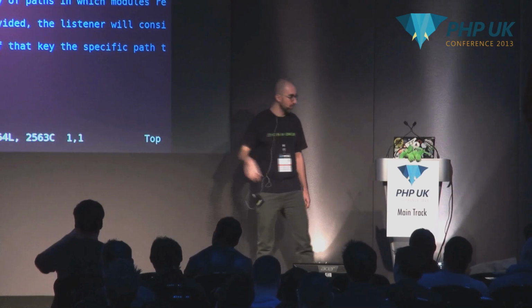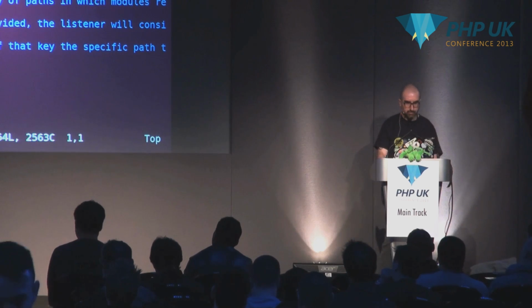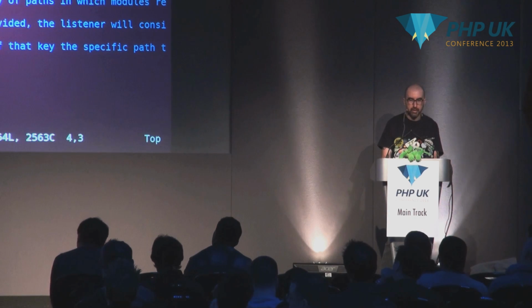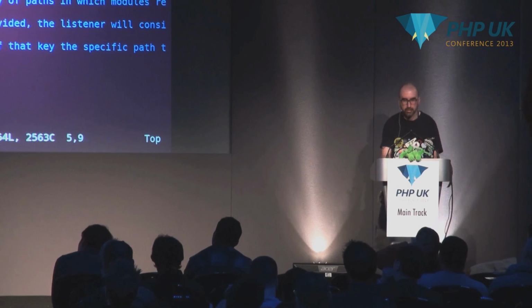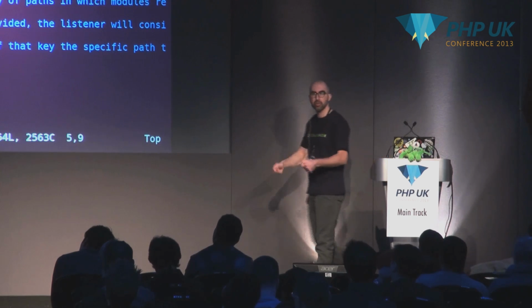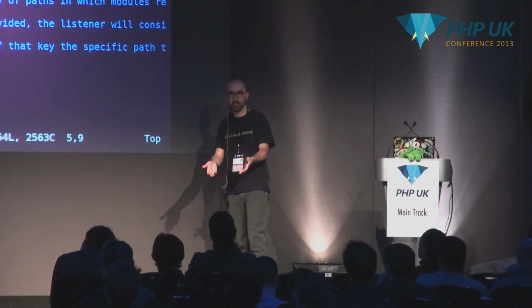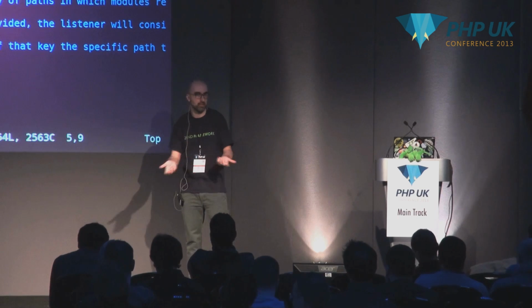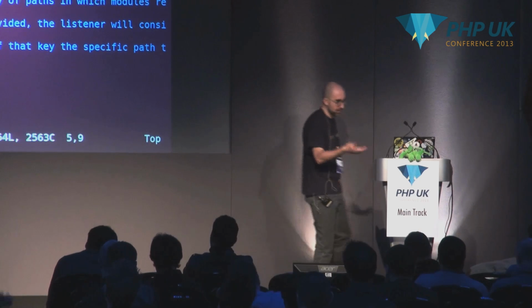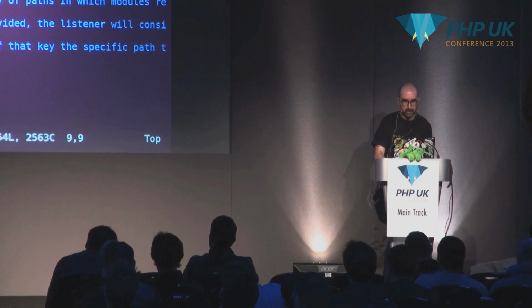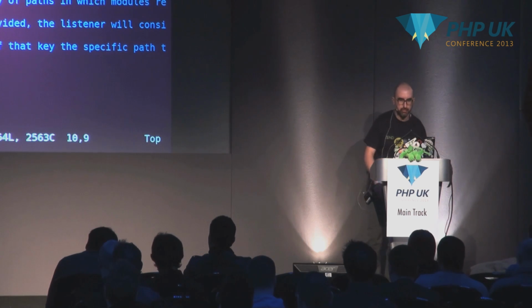So for instance, we have the modules key here. In the modules key, basically you are specifying the modules that you want to use in your Zend Framework application. Right now we have just one module that is Application. So basically it's the list of the modules used by the application. And we have other information.